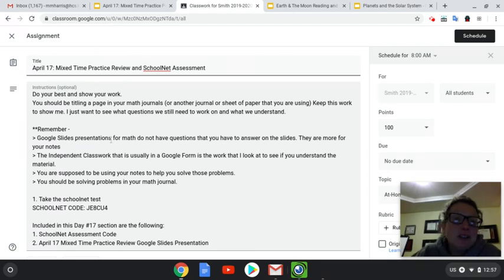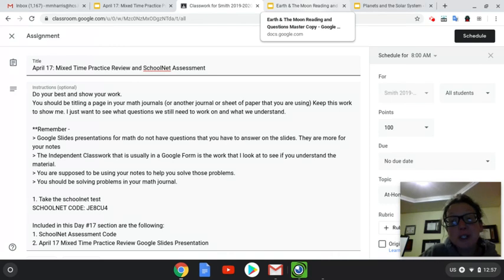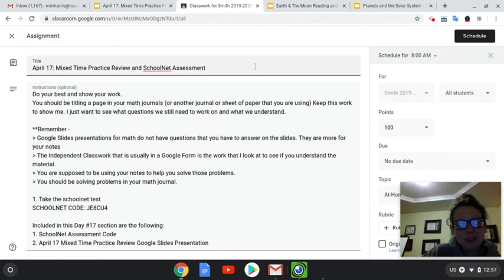I tell you that you don't have to do those slides. Like, you don't have to write in them and turn them in. The only thing you have to turn in is that independent classwork Google form. Unless I tell you to specifically write in those forms, like the ones that we're doing for science right now.